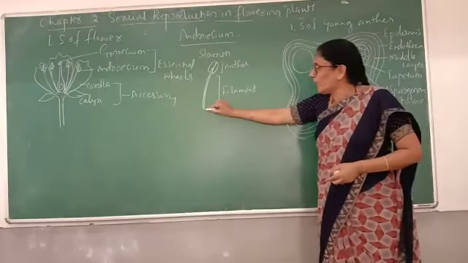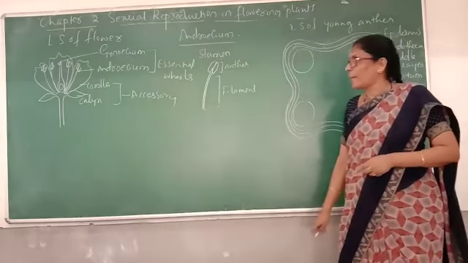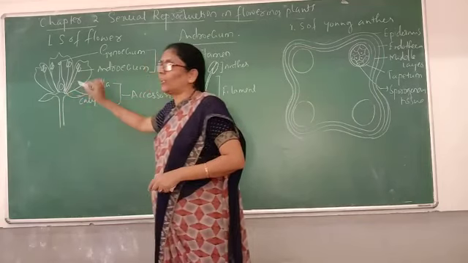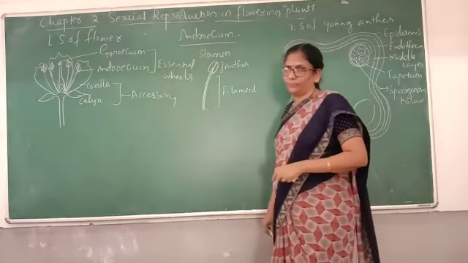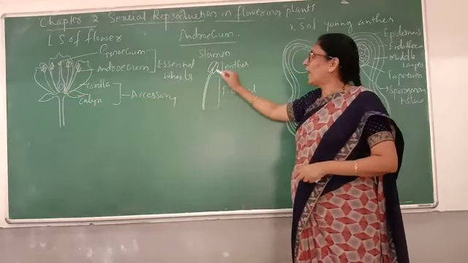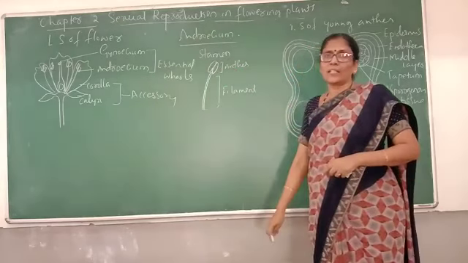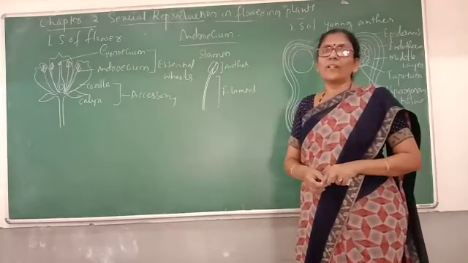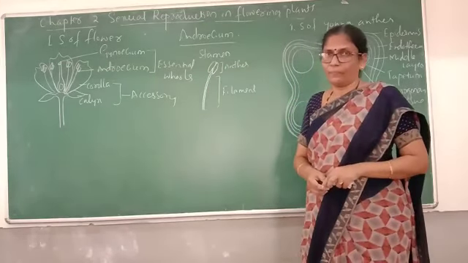The proximal end of the stamen is attached to the thalamus or the petal of a flower. The number and length of the stamens differ in different species of flowers.